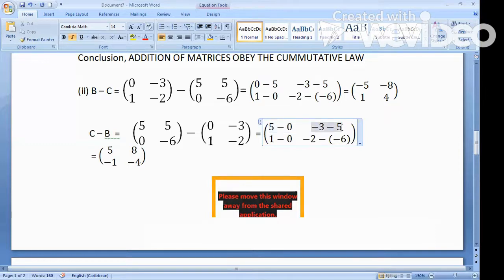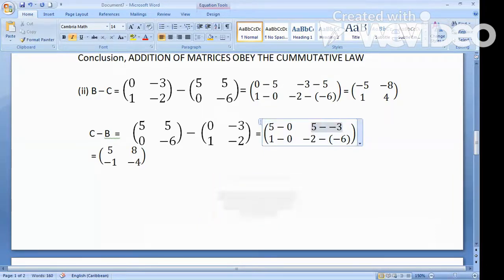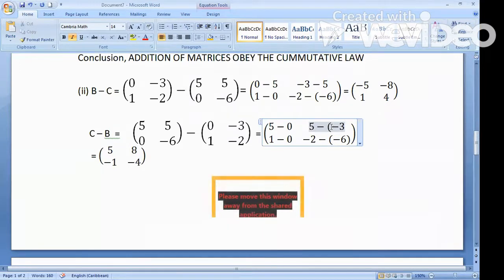And this is going to be 5 subtract 0, which will give you a plus. Let me put a bracket there just to separate the two. And this is just 0 subtract 1.